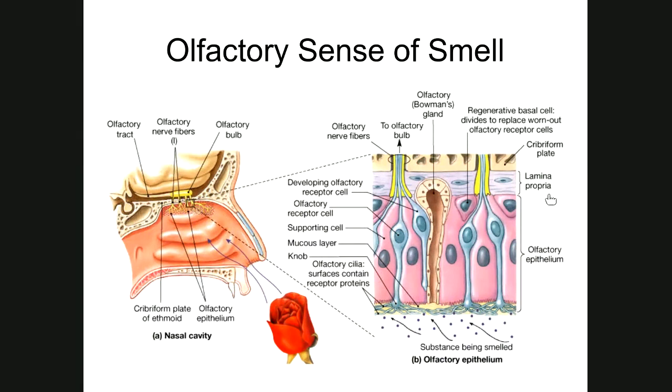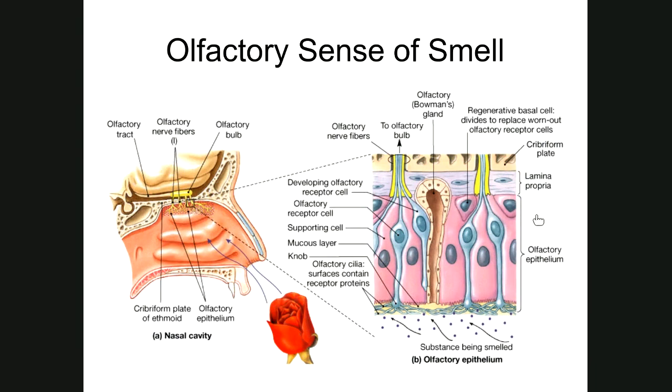It also contains nerves and blood vessels, these little structures you see inside of there, which bring oxygen and nutrients to the epithelium and remove carbon dioxide and waste products. Okay, so lamina propria is like a glue zone that holds this olfactory epithelium to the underlying bone, the cribriform plate of the ethmoid bone.